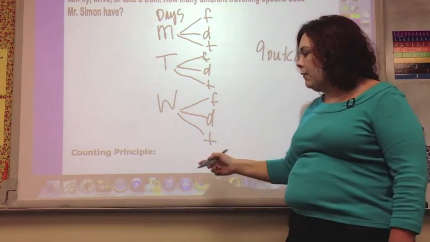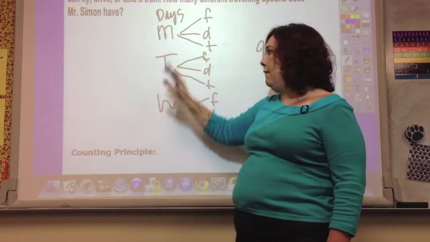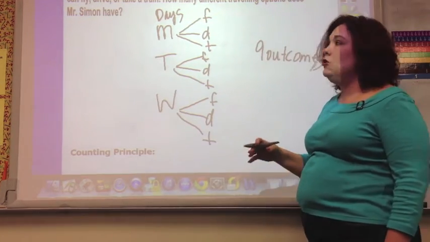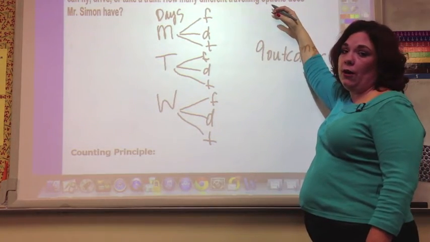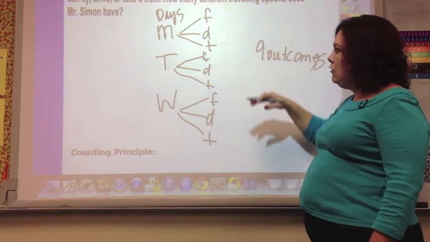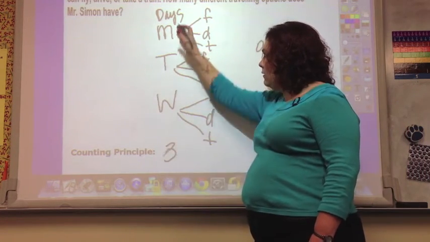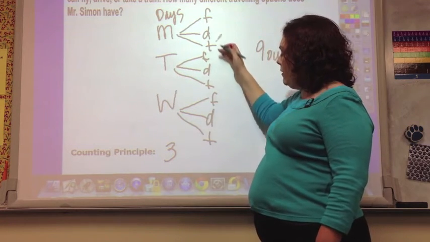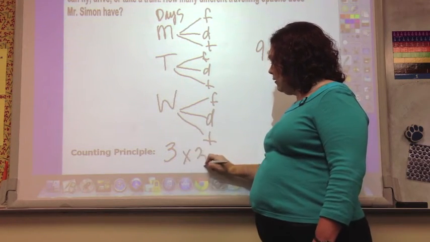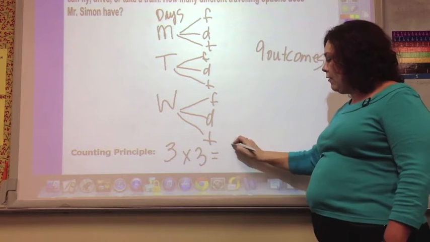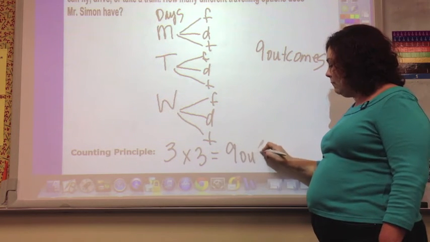Now the counting principle says you don't have to draw all of this to just find out the answer on options or outcomes. You just take the number of choices you have, the first option, and the number of choices you have, the second option, and you multiply them together, and you get 9 outcomes.